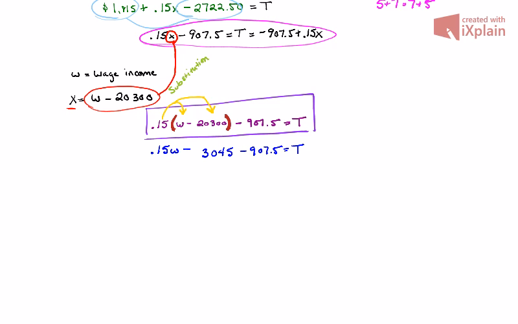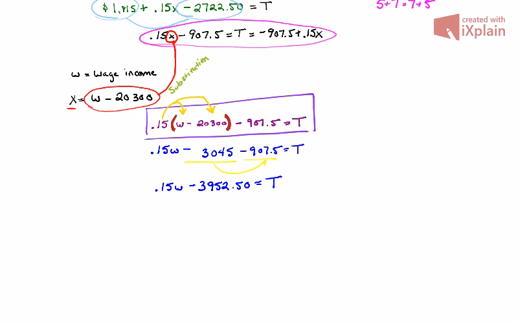Note here that I have a constant value and a constant value, so I can combine like terms in this situation. So now I have 15% times W minus $3,952.50, and this is now going to be equal to my taxable income.